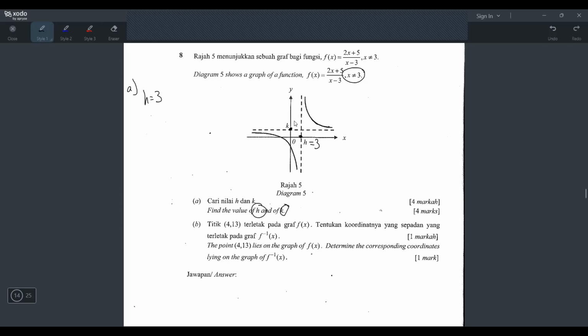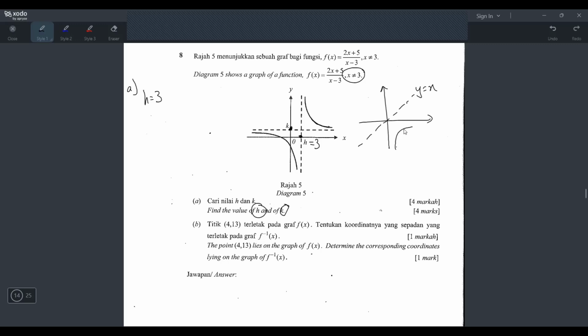But how do we find k? Okay, k is also an undefined case, but for the y coordinate, right? So how to do this? We all know when we have any function, let's say the function is like this, and if I want to find the inverse graph for this, it will just be a reflection over the line y equals x.